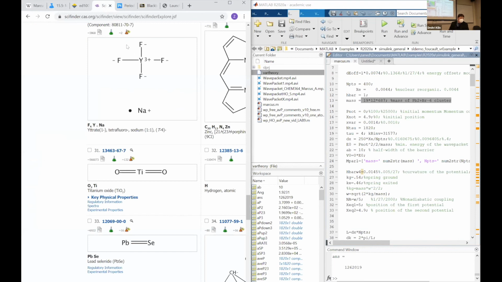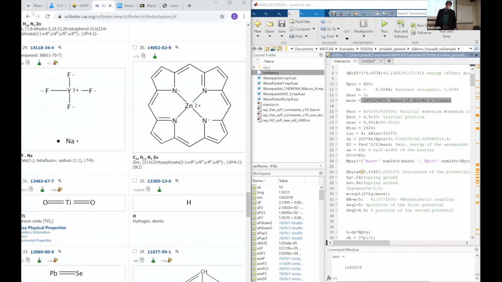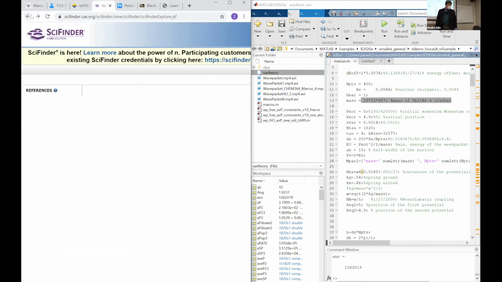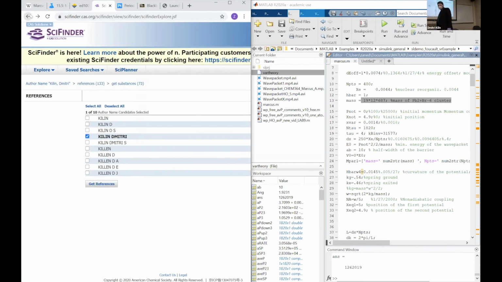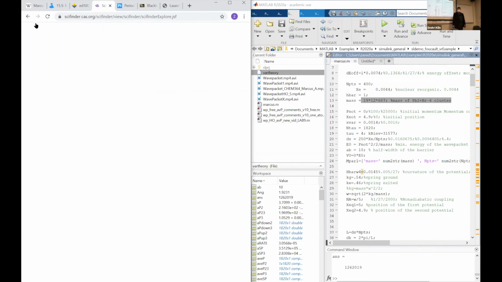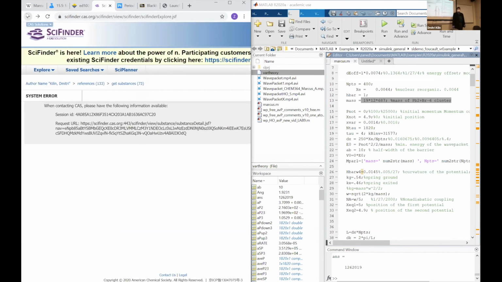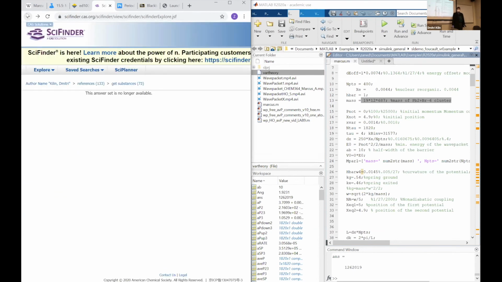Also, there is a thing that we didn't touch in this class, but there is a concept of reduced mass. It's not my design; it's a standard thing.